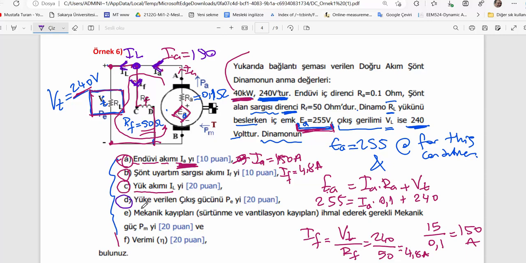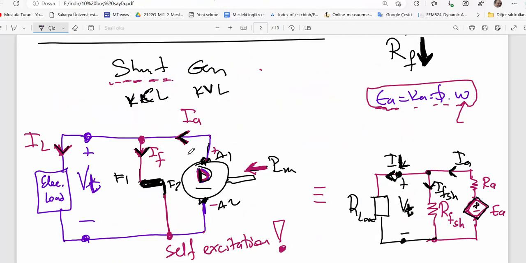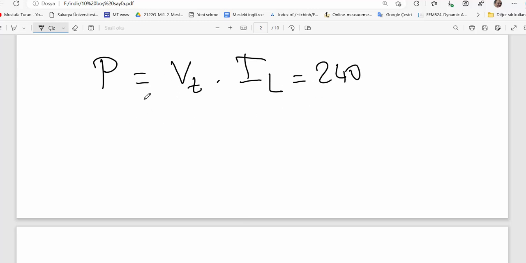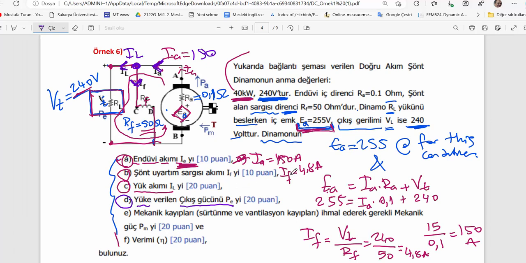And now, what is the power delivered to the load? Houston, delivered power is equal to terminal voltage times load current. Here in this example, it was 240 volts. It is already given in the question, because a machine induces such a high voltage, but there is only 240 volts across the load.